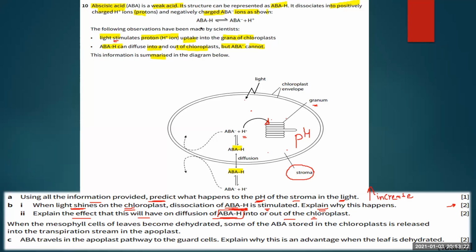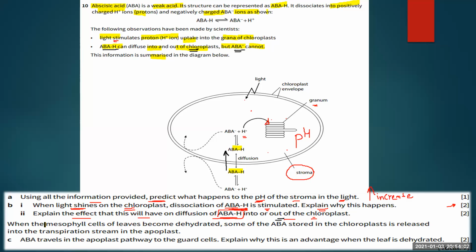So as it said, ABH can diffuse into and out of the chloroplast, but ABA negative ion cannot. Since it is being dissociated here, and this H positive is actually entering the granum, it will actually increase the diffusion of ABH, right? Because now the concentration is less here in the chloroplast. So it would increase the diffusion. This is what it would do, right?